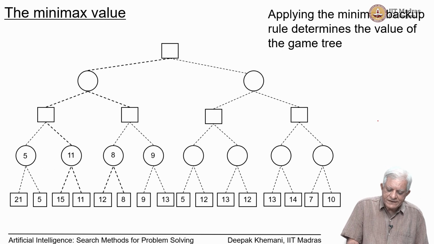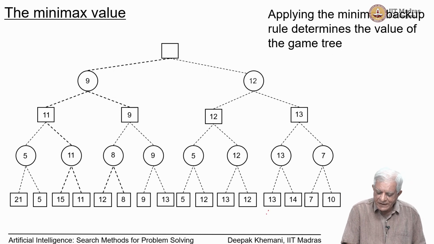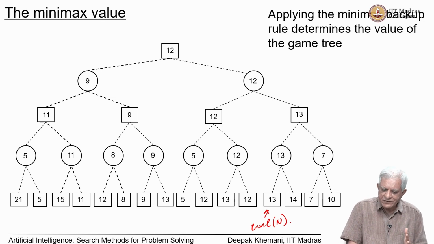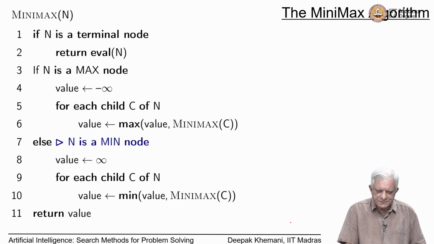So, we have already seen this, that applying the minimax value will determine the minimax value of the game tree in terms of the values which are here. These are the values given to us by the evaluation function. You do a search up to certain K-ply depth, back up the value, and then you know what is the value of that game tree.